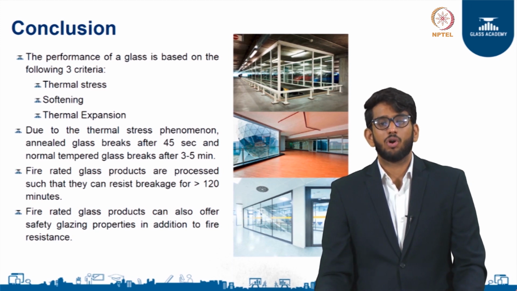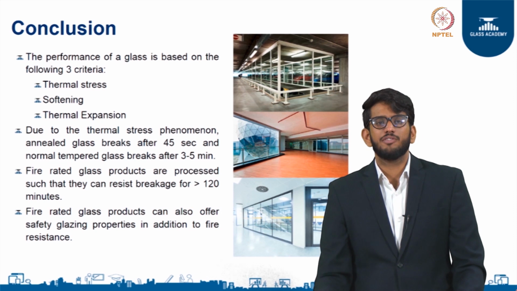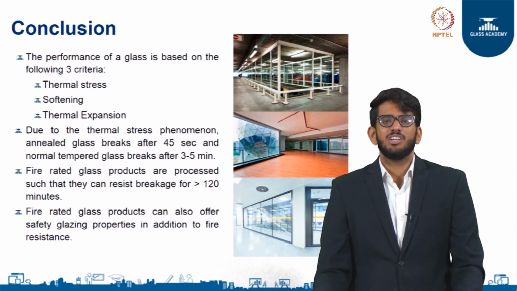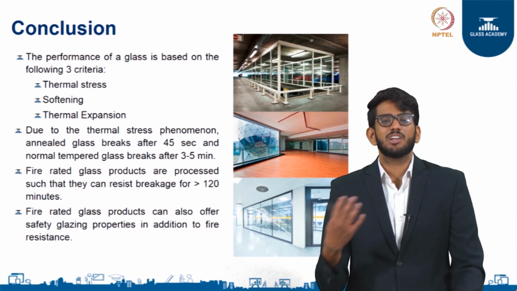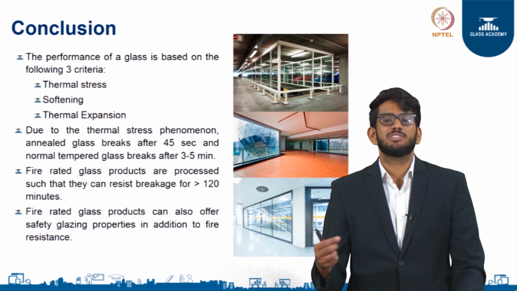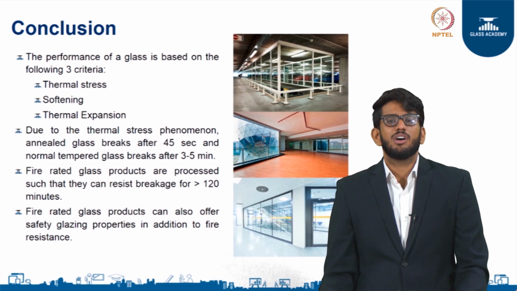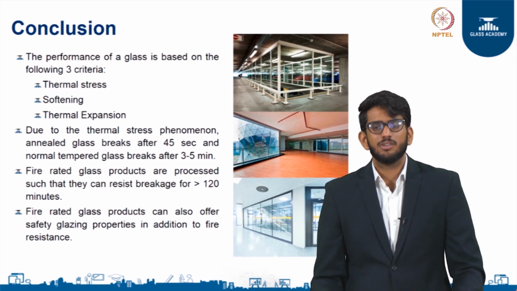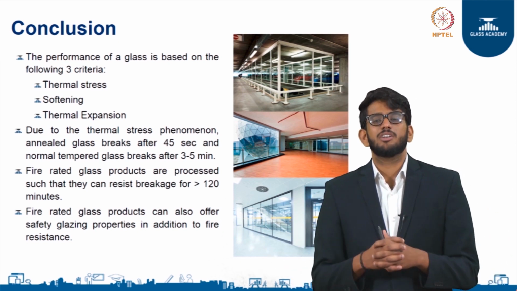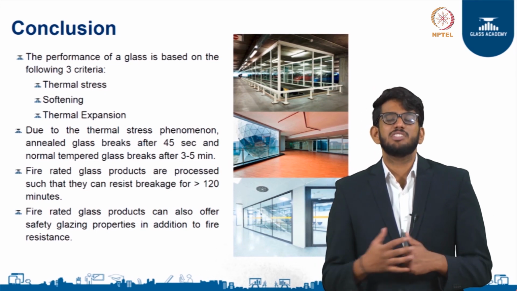Fire resistant glasses can also offer safety glazing properties, and in addition to this, they can also offer you a tempered glass advantage, so that even if the glass were to withstand an impact load, it would still break into small pieces. So, at the end of the day, it's about finding the best of every other product and then combining it into a product which best suits the application.